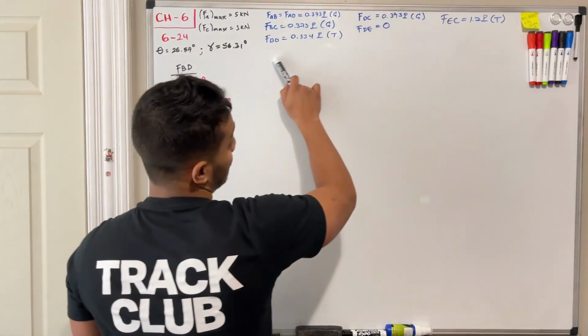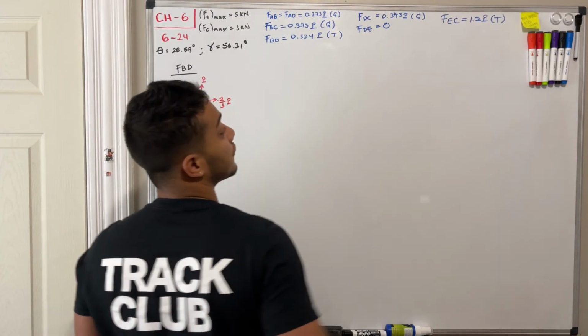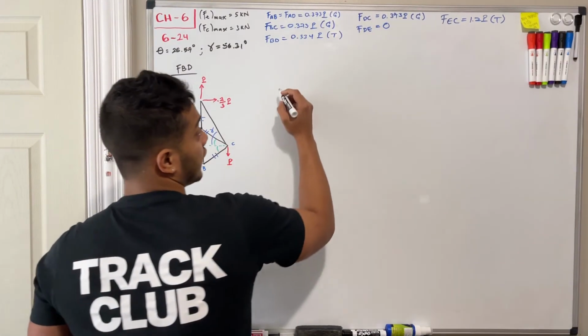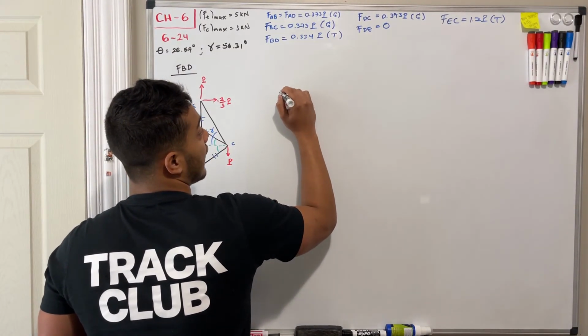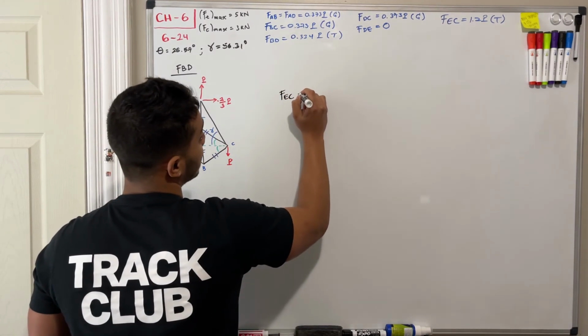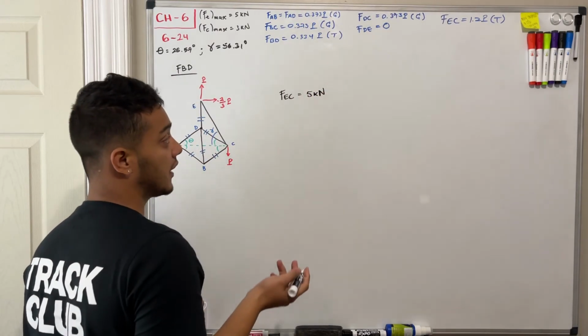Clearly, the member that is doing the most force is EC, which is 1.2 P in tension. Therefore, my FEC is our limiting member, and then we're going to put it equal to 5 kilonewtons. That's the maximum it could apply.